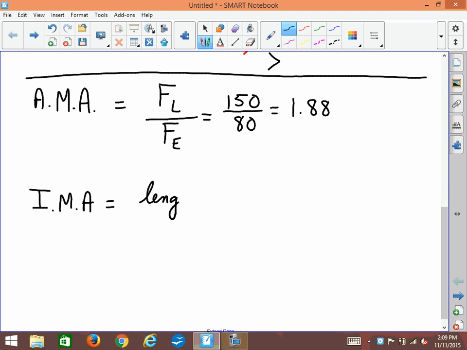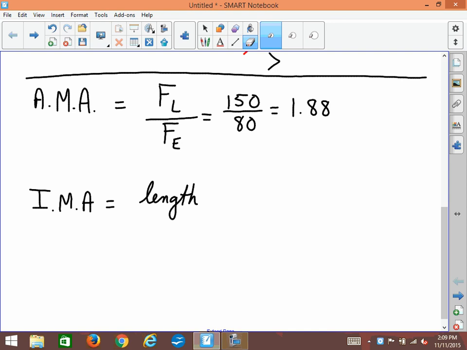That's kind of like, remember the other IMAs, calculated for the lever, for instance, it was the arm. It was the effort arm divided by the load arm. Remember that? R for the load. And they all had to do with R's, which were distances. Well, for the ramp, those are not really arms, it's not a lever.